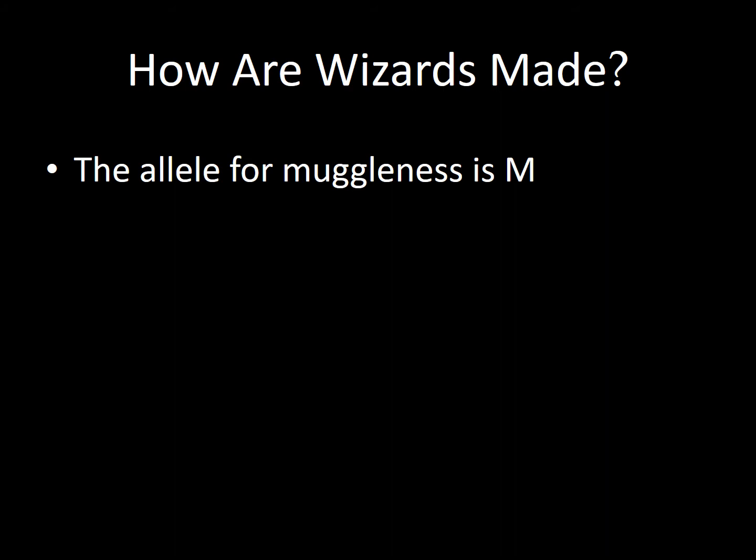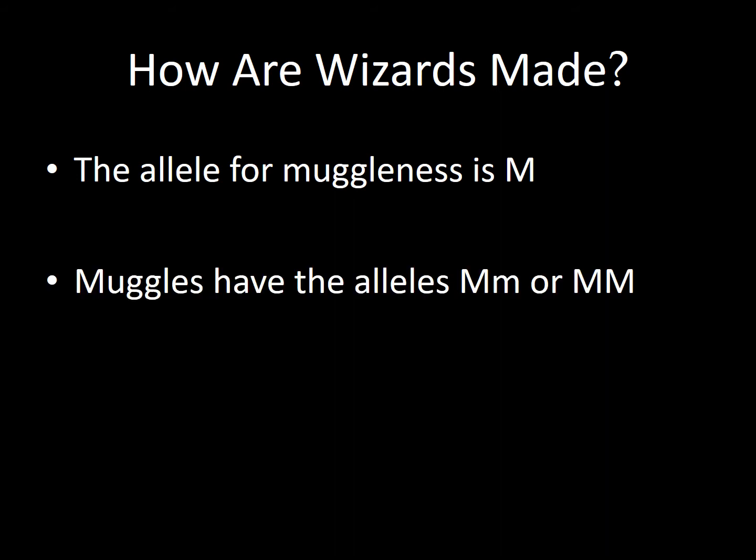Now the allele for muggleness is a capital M, meaning that it is a dominant trait. Meaning if you have that capital M, even if you have that little m, you are going to be a muggle. Now, for those of you who don't really know much about Harry Potter, muggleness means to not be a wizard, to be a normal person, to be non-magical.